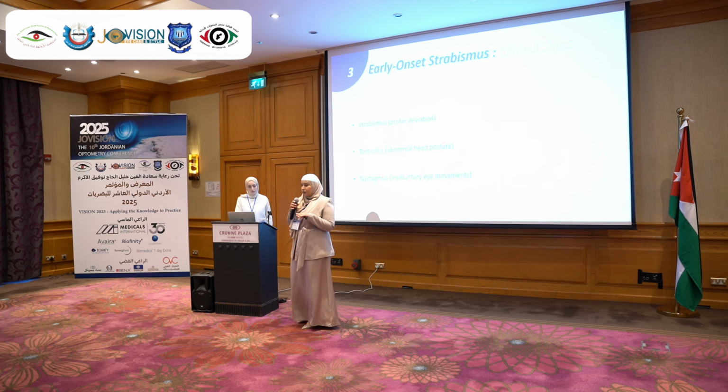We have nystagmus. We present this diagram, and we have the immature visual system before the age of 6 months, and this severe factor can disrupt it and give us these clinical signs.